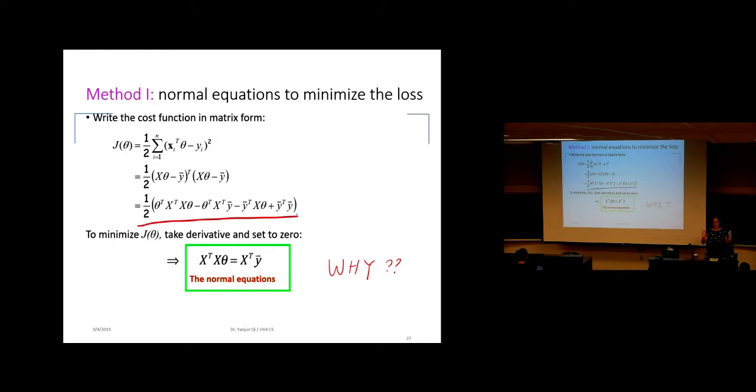It's already here, J theta. How do I take the gradient of J theta versus theta? I just take the gradient versus each element. So first is the first term.